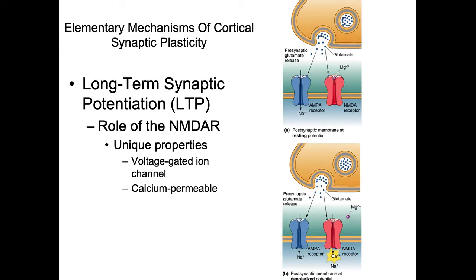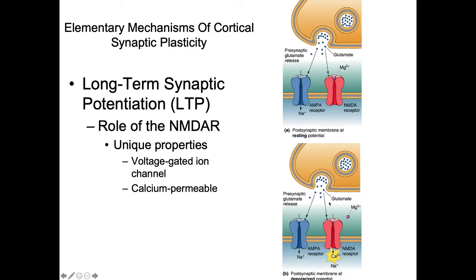What happens in this particular circumstance is that there are two different types of LTP receptors here. They're both related to glutamate; they both respond to glutamate. One is called the AMPA receptor, another is called the NMDA receptor.